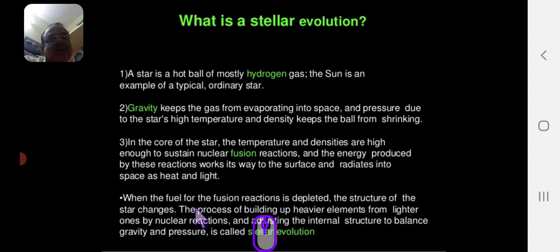So when the fuel for the fusion reactions is depleted, the structure of the star changes. The process of building heavier elements from lighter ones by nuclear reactions and adjusting the internal structure by the balance of gravity and pressure is called stellar evolution.